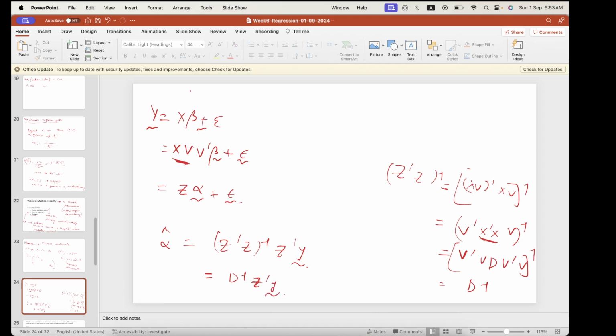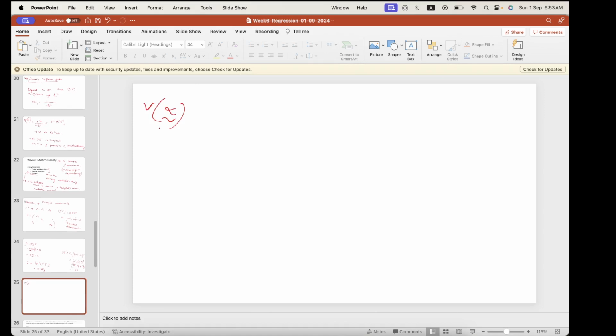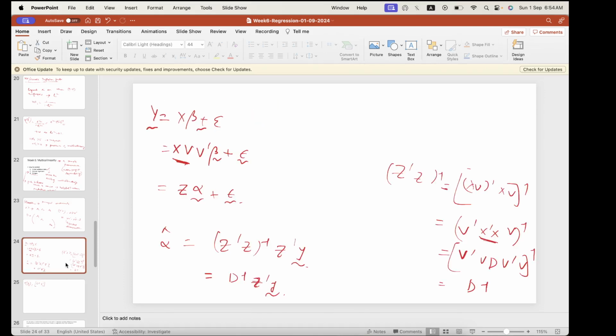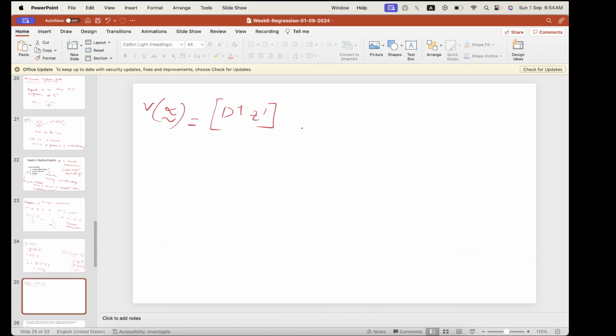And then the variance of alpha becomes D inverse Z prime, variance of y is sigma square I, into D inverse Z transpose.